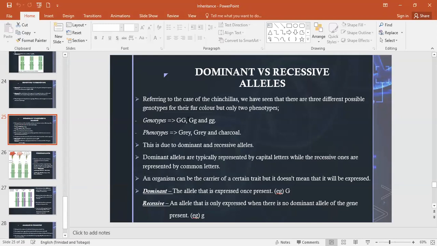Dominant will always remain dominant. Once a dominant allele is there, that is what will show. The recessive will remain in the background, but dominant will always take precedence. However, in the absence of a dominant allele, and you have two recessive or two common letters, then this characteristic only will then be shown. All right? So that is how this whole thing works.